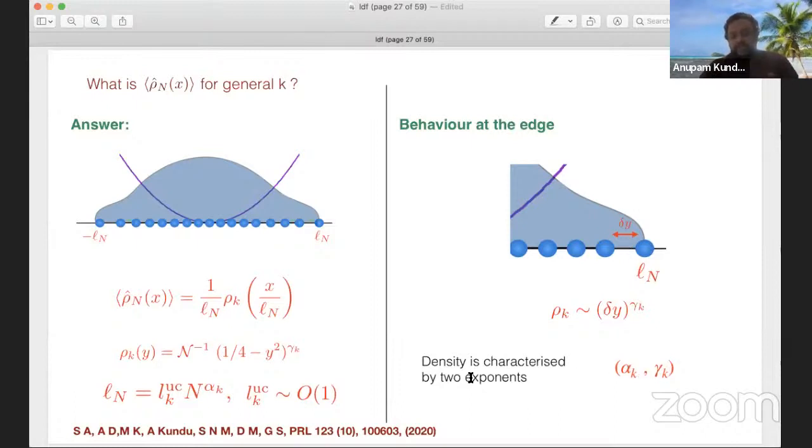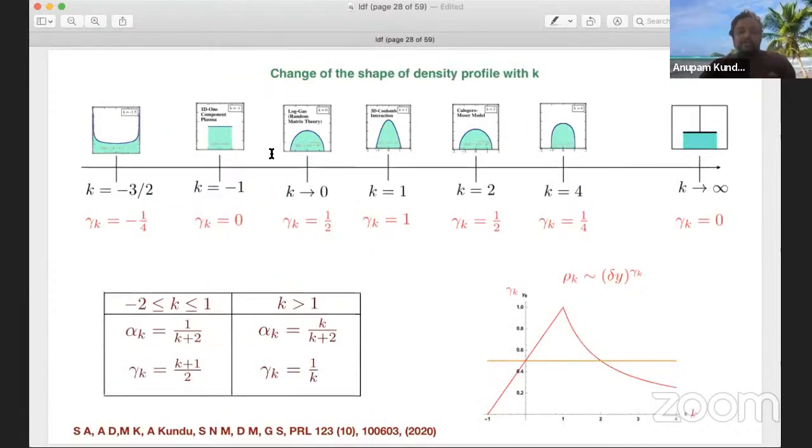So these two exponents, alpha_k and gamma_k, characterize the density profile. You can get a whole different set of density profiles for different values of k from -2 to k going to infinity, and you get different shapes of the density profiles. You can get shape transitions as you tune k. These shape transitions are non-monotonic, as can be described by the non-monotonic behavior of alpha_k and gamma_k with respect to k.